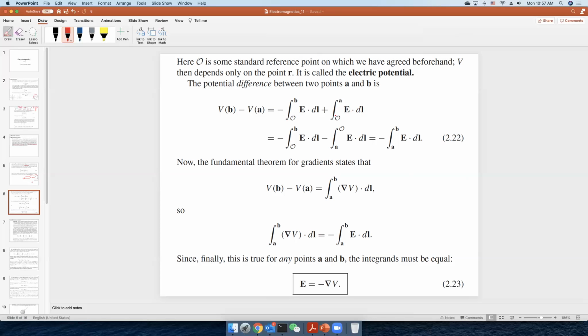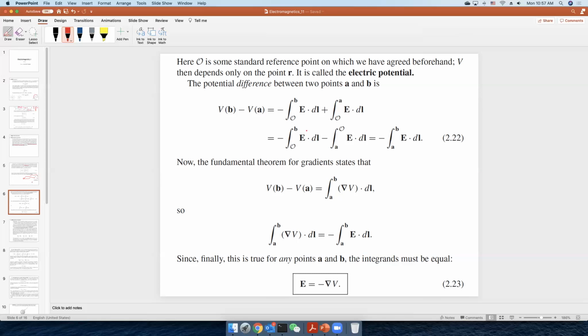So this is V(B) minus V(A), which means plus this term. This is from reference to B, and this is from reference to A. If you change the sign, it should be from A to reference.